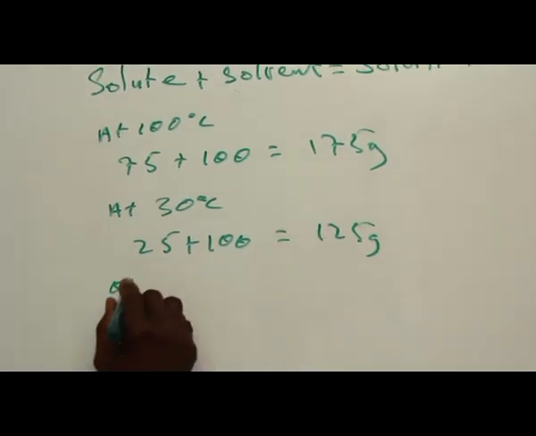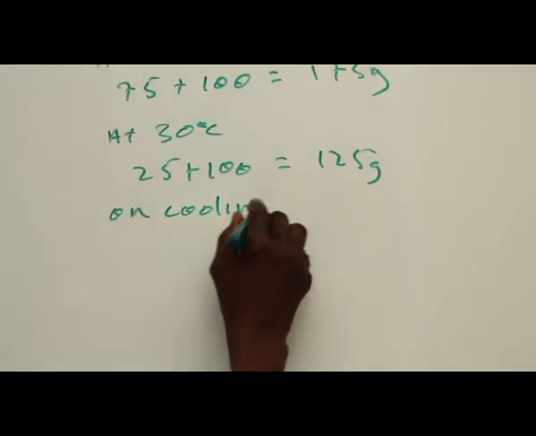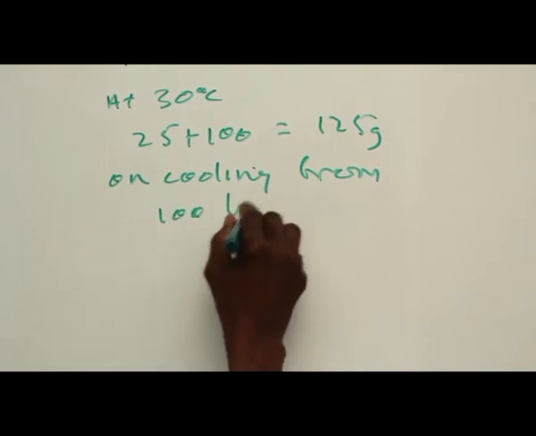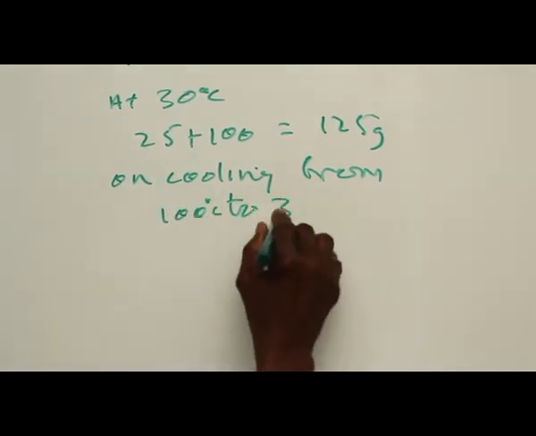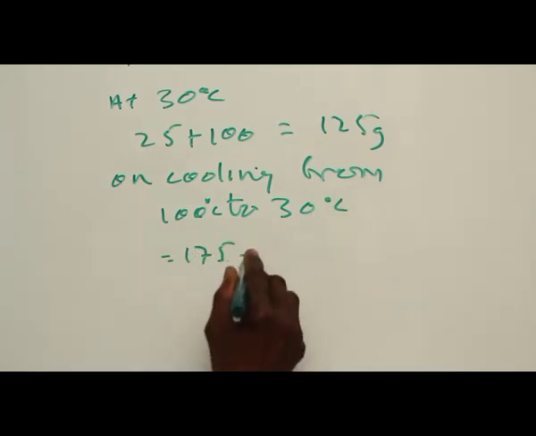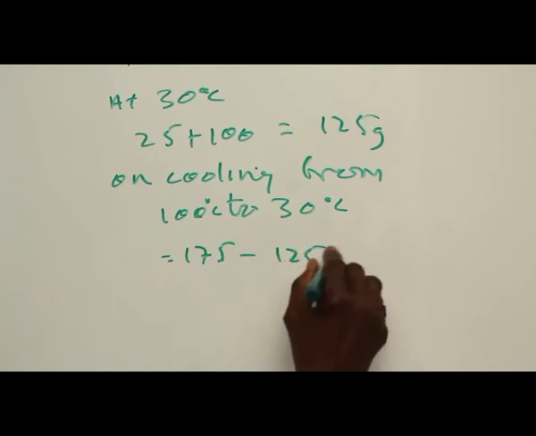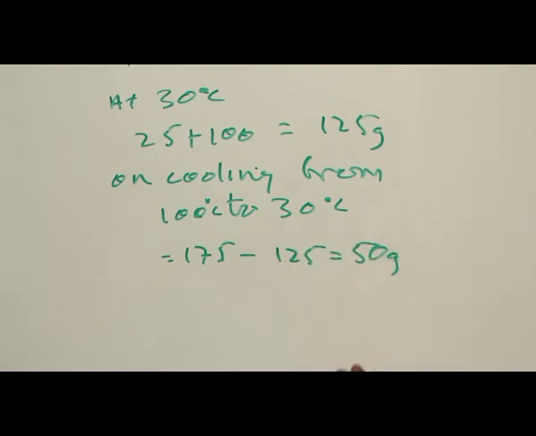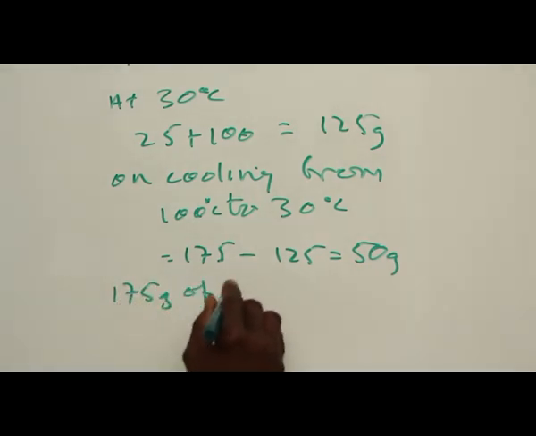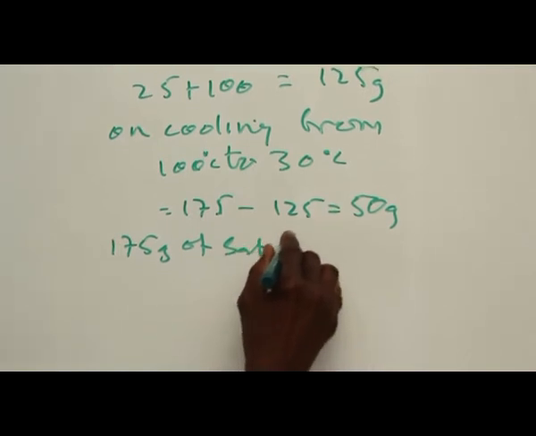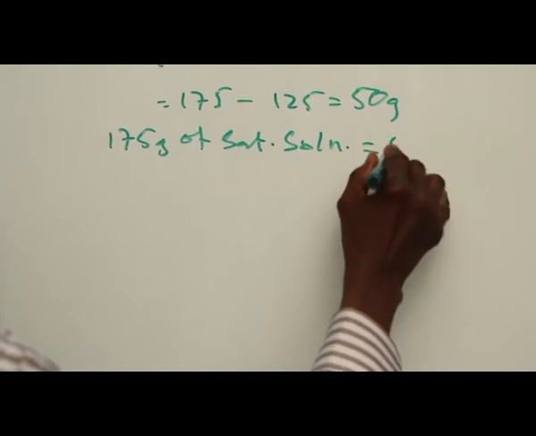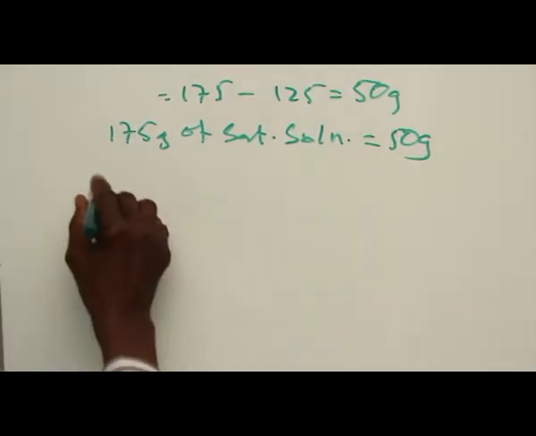So on cooling from 100 to 30 degrees Celsius, 175 grams minus 125 grams gives us 50 grams. That is to say, 175 grams of saturated solution gave us 50 grams.